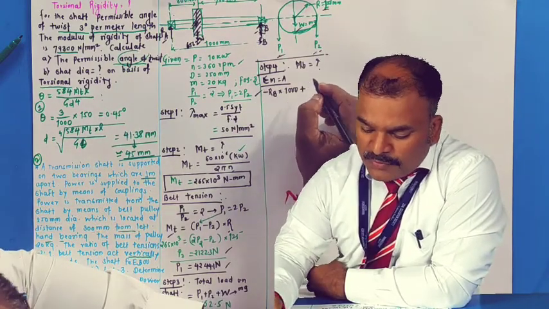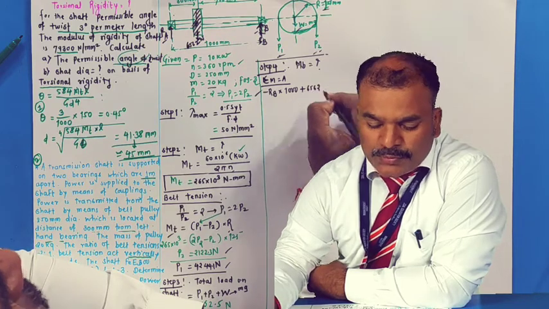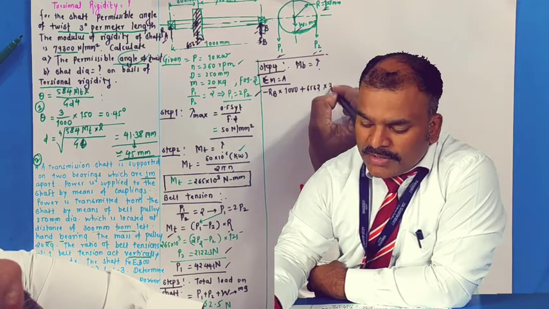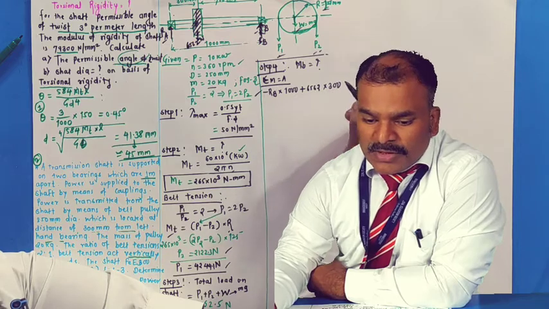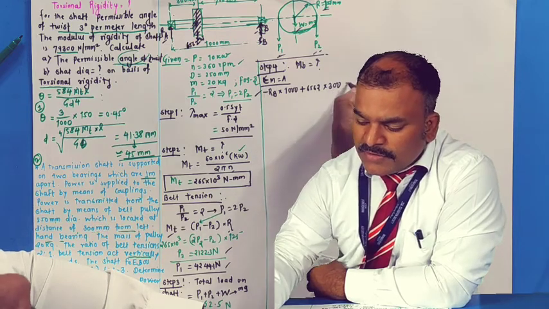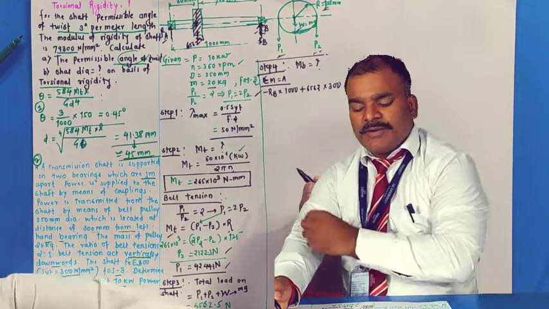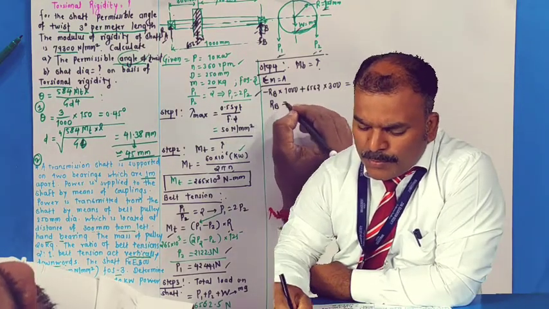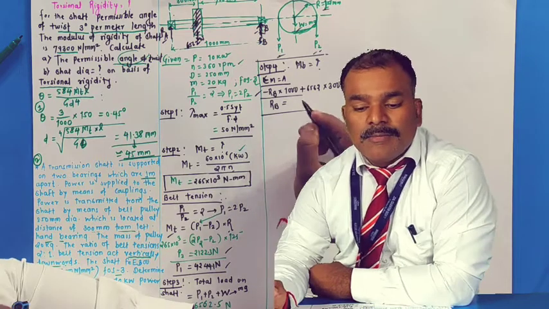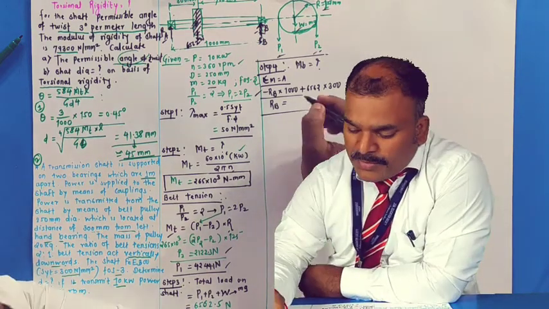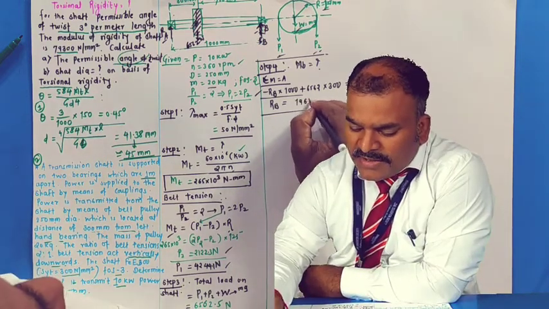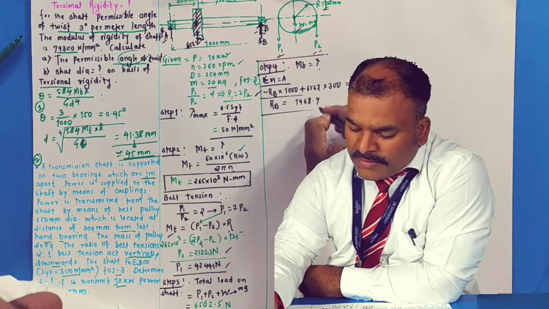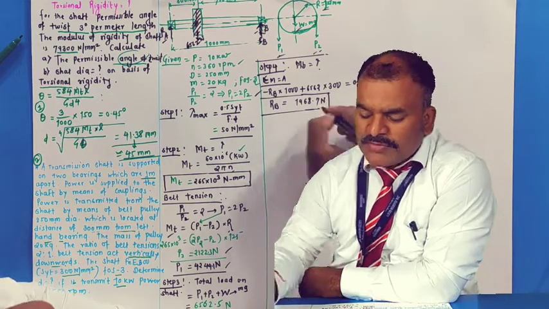Plus total force 6562 into 300, which is equal to 0. No other force is there. Now through this everything is known. We'll get the reaction force at bearing B, which will be 1968.7 Newton. So this will be the reaction force.